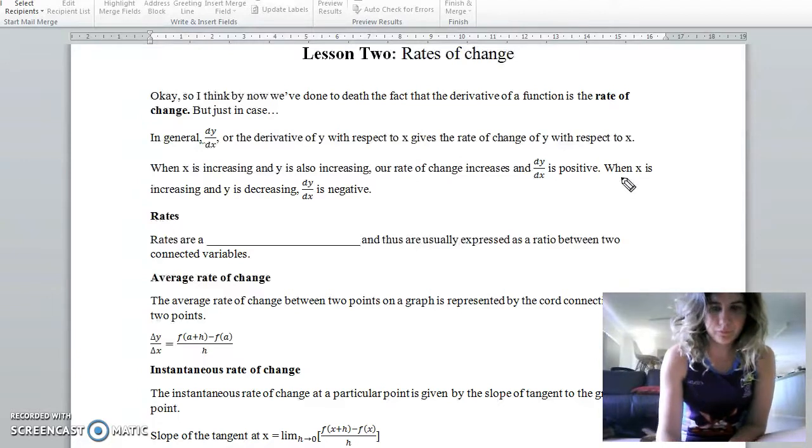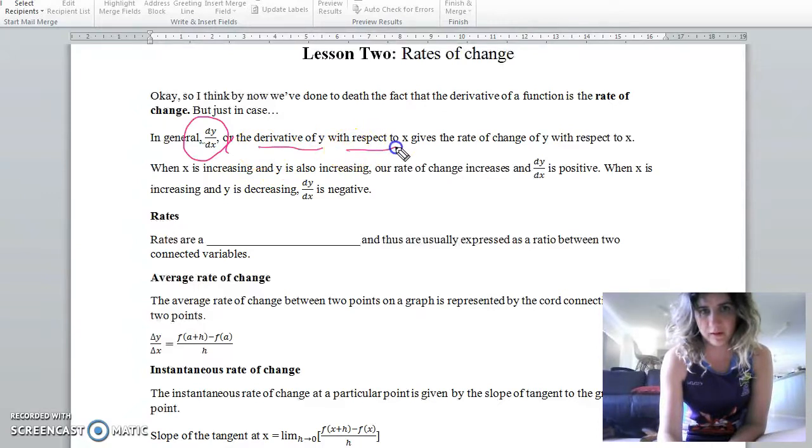So in general, dy on dx or f dash of x, the derivative of y with respect to x, gives the rate of change of y with respect to x. So when x is increasing and y is also increasing, dy on dx is positive. So that's when we've got an increasing slope.